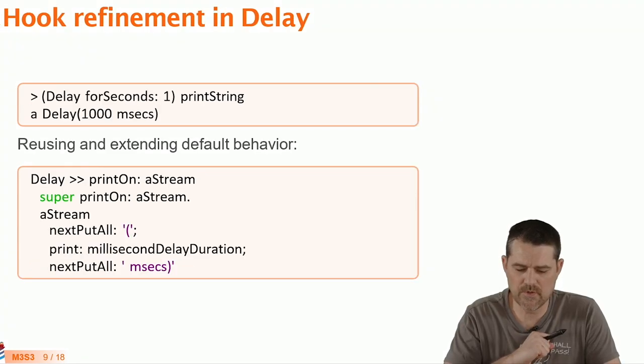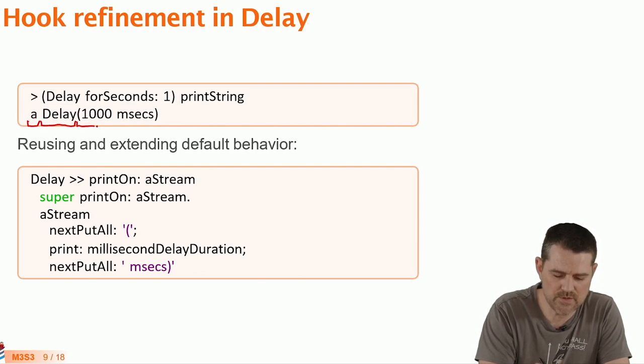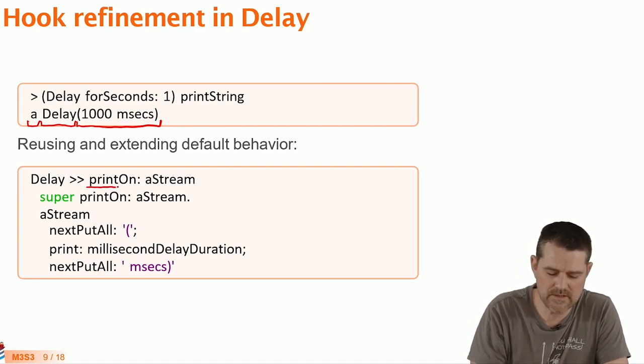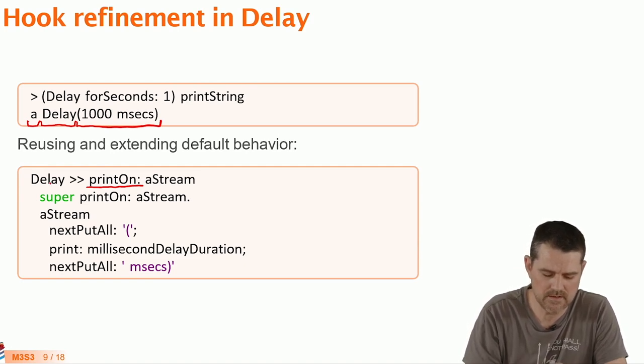But now this default implementation can be refined. Let's have a look at the Delay class, because the Delay class displays the article, the name of the class, but also the duration. And where does it come from? It comes from the fact that the printOn: method, the hook, has been redefined in the Delay class.